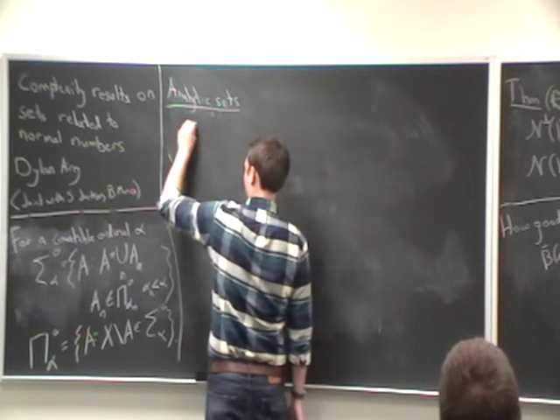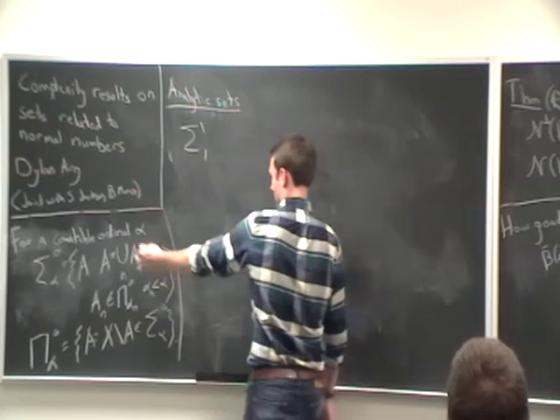This is the class, so we now have a 1 in the exponent instead of a 0.